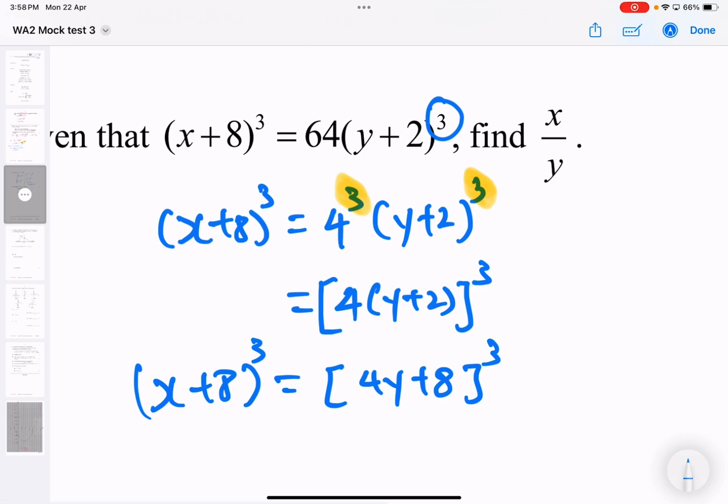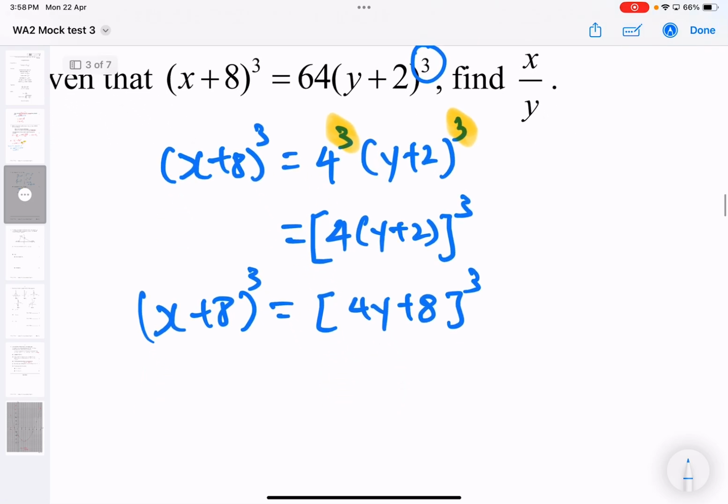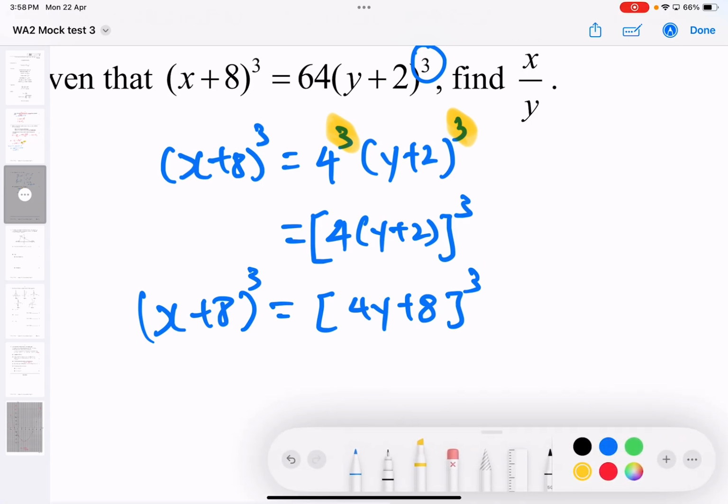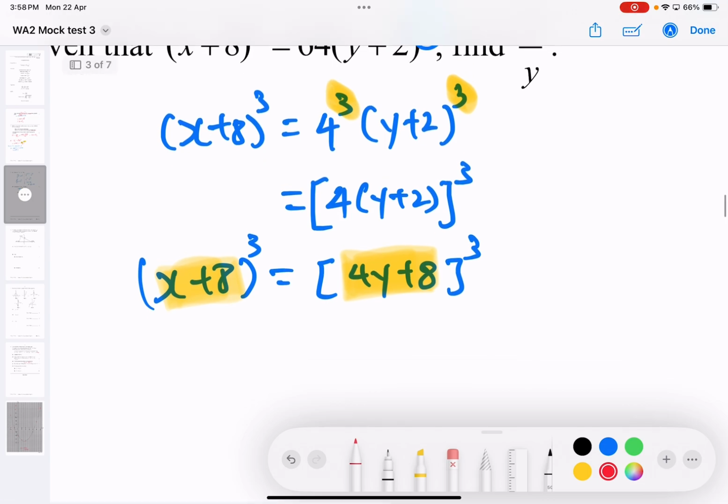Okay, then since both sides are to the power of 3, would it not make sense if I can just compare the inside? So I know that x plus 8 is equals to 4y plus 8. Okay, so I can directly compare.